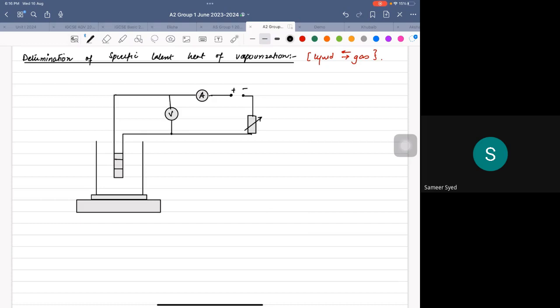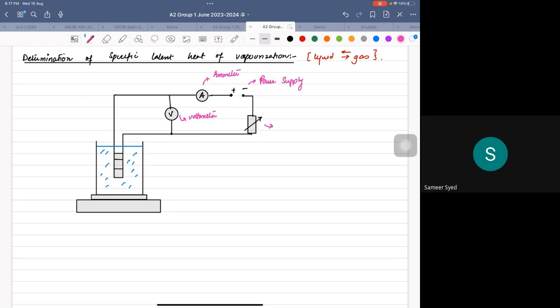All right. Once you've done this, here we have the immersed heater in the beaker. Just symbolize that this is water. So let's now start writing. This is the ammeter. This is the voltmeter. This is the power supply.